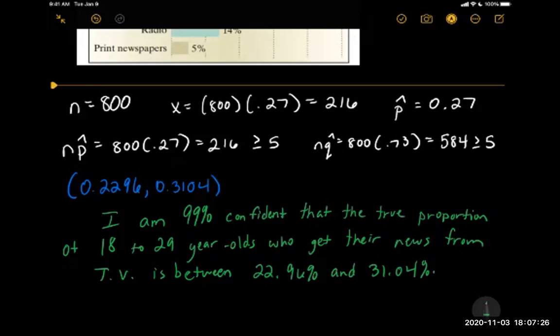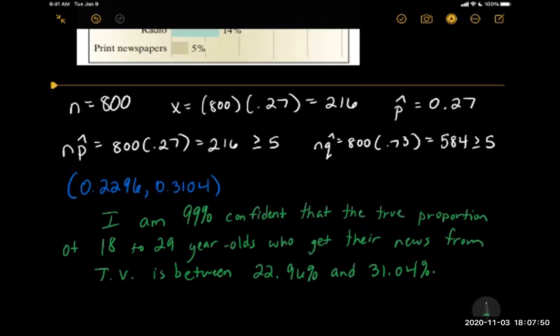Usually I don't know how many people it is. So what if I need to know how many people to survey? That's minimum sample size. I'm going to go out and ask some people, how many people should I ask?